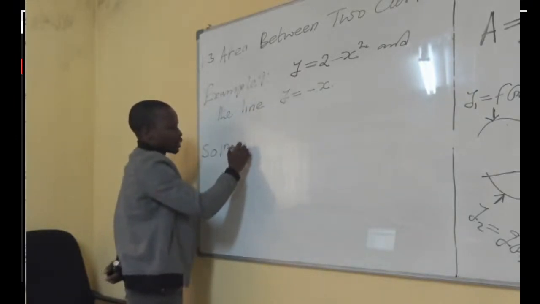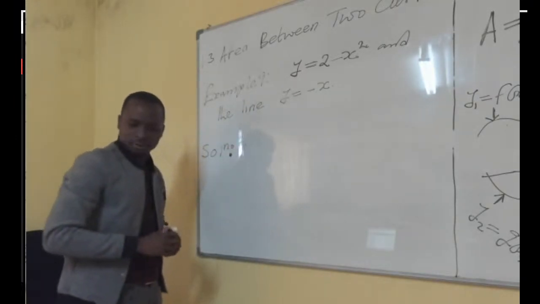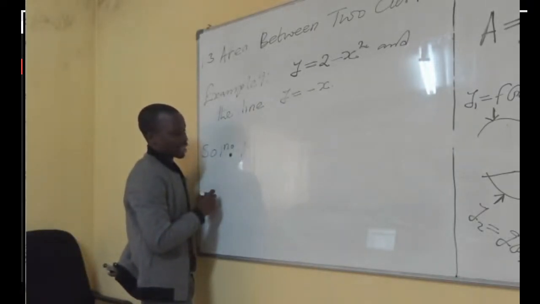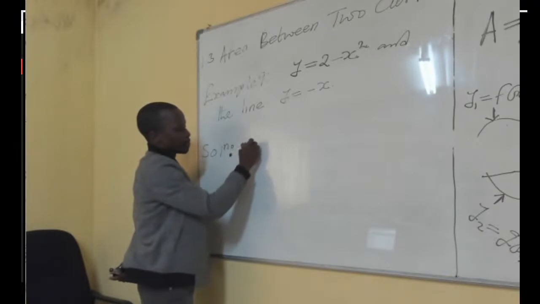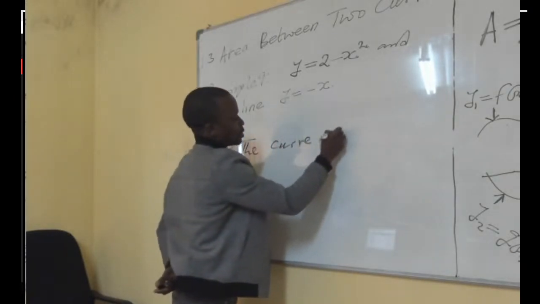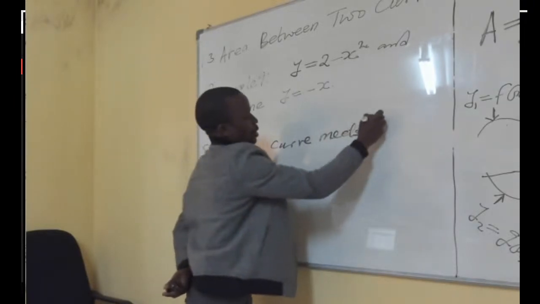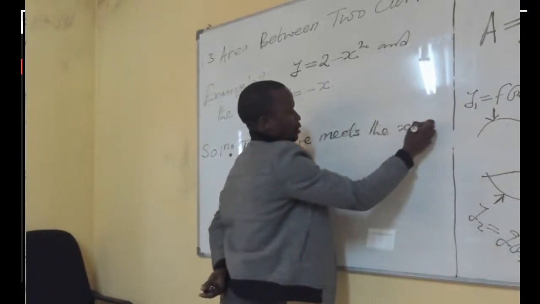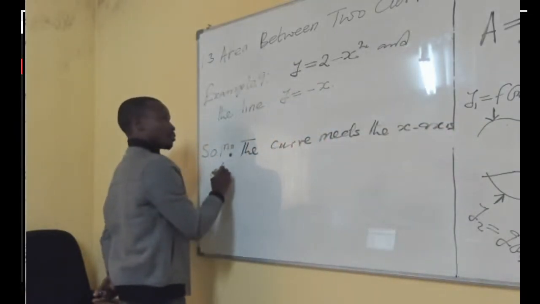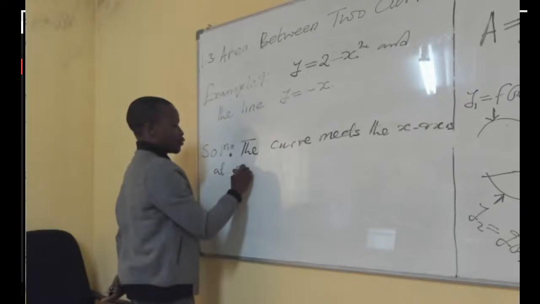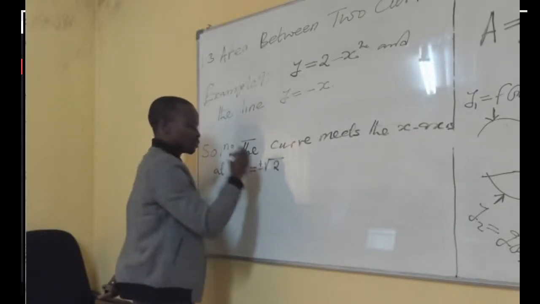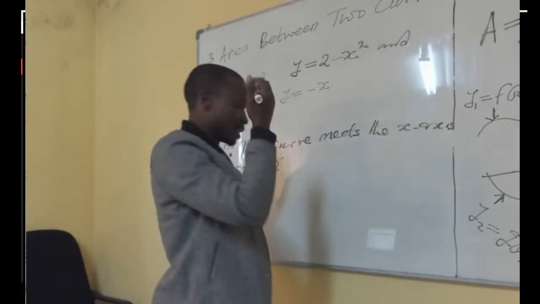I'll just write that, because all of you know we did quadratic functions. So the curve meets the x-axis at x equal to plus or minus the square root of 2, which is just 1.4 something.